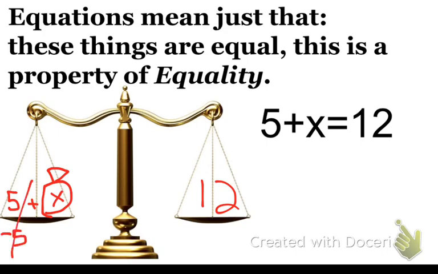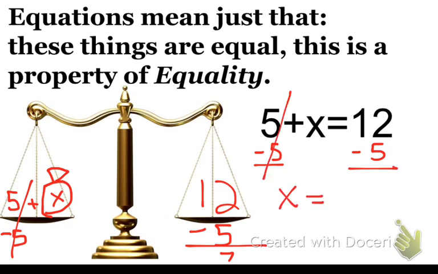But now I'm not equal, my scale is going to dip down. So I have to subtract 5 from the other side too, in order to balance it and make these two values equal. And what I'm left with is 7. Similarly, by subtracting 5 from both sides of my equation, the 5s cancel out, and I'm left with x by itself equals 7. And I've proven that x equals 7.